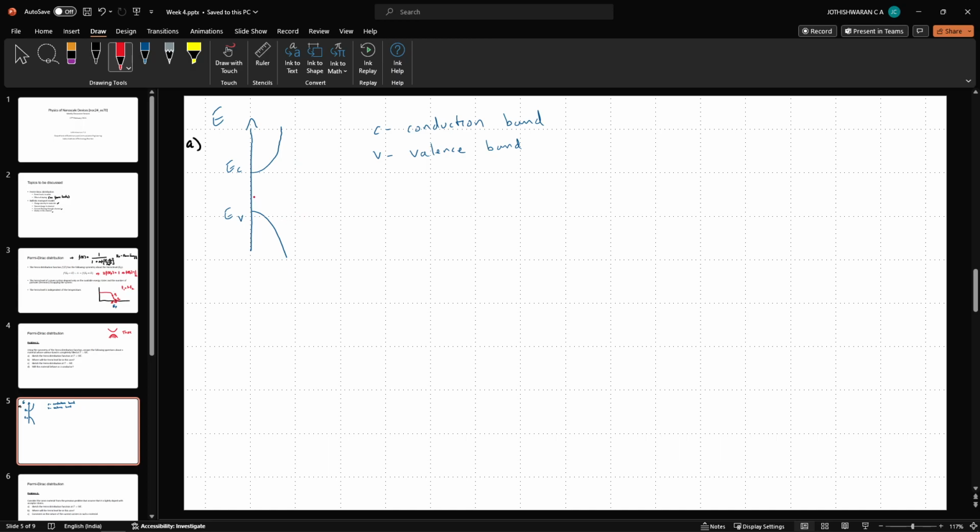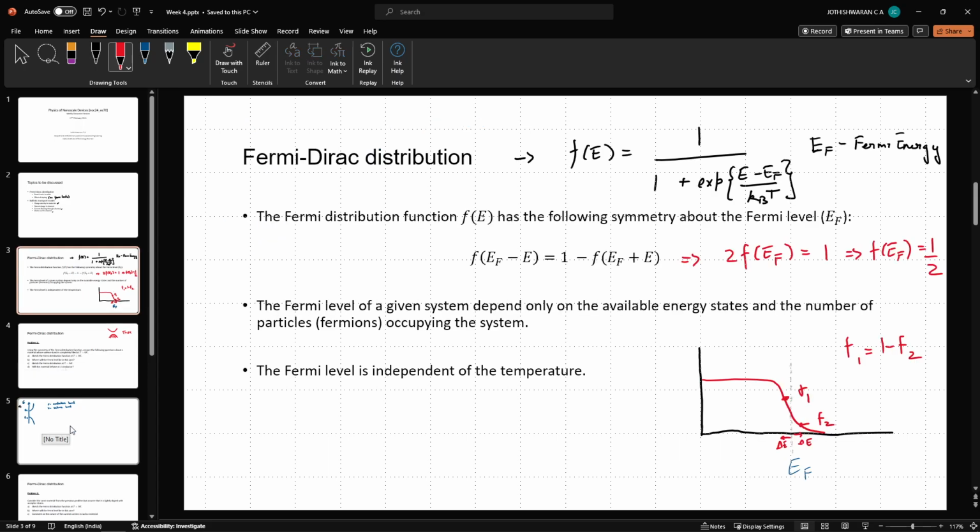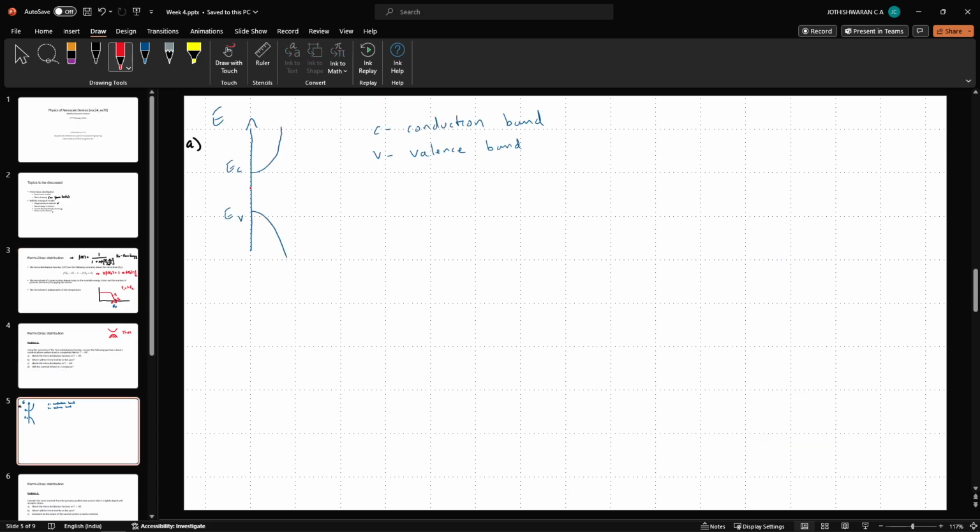The only thing that we have to figure out is where the Fermi level is. If we figure out where the Fermi level is, then we know how to draw the function, because the form of the Fermi distribution function is known to us. So we only have to locate at which point the Fermi level is. After that, everything becomes straightforward.